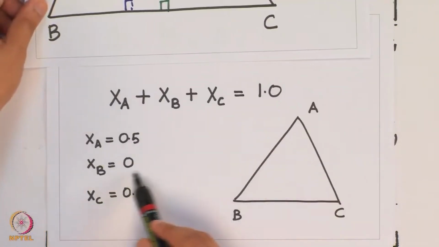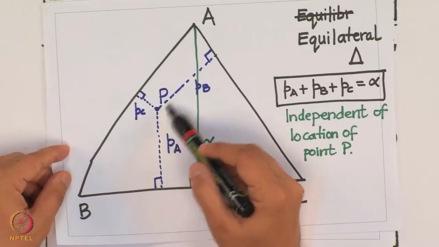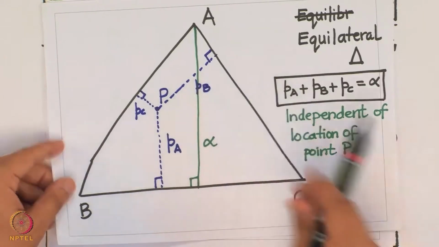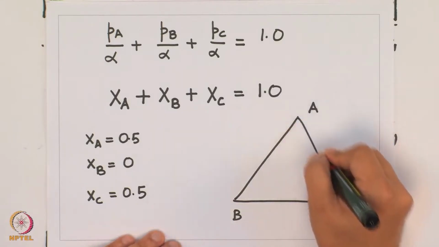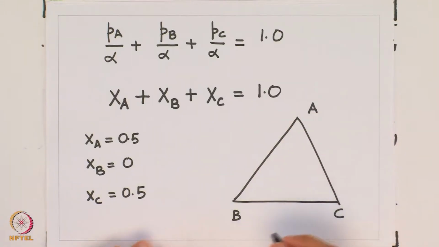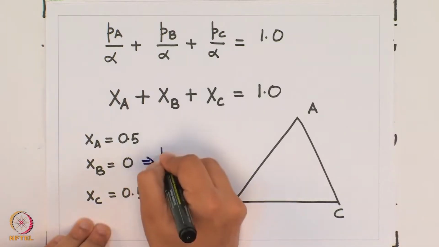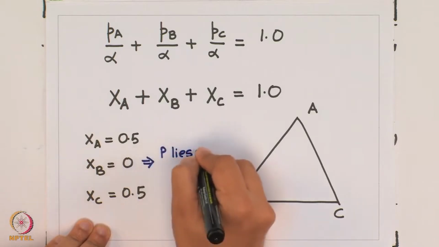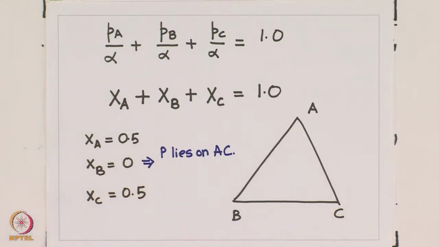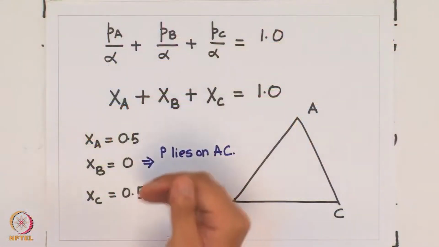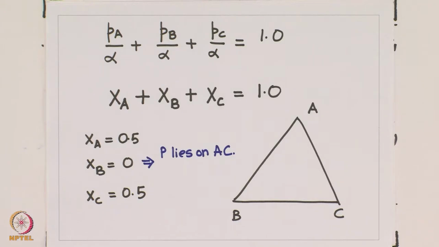And if XB is equal to 0, PB has to be equal to 0, which means point P lies on line AC. Again, what I am trying to do here is locate point P on this equilateral triangle, which represents the 3 species present in the fractions that we have talked about here.